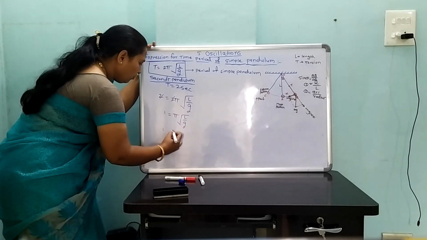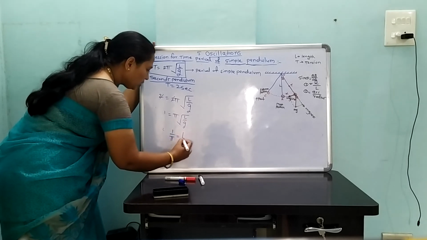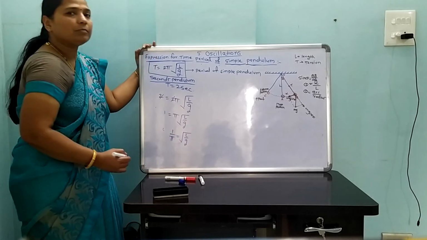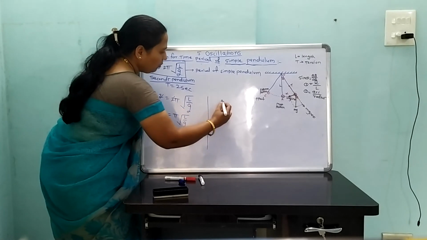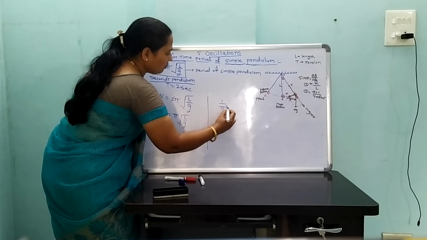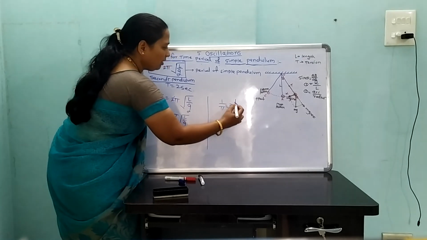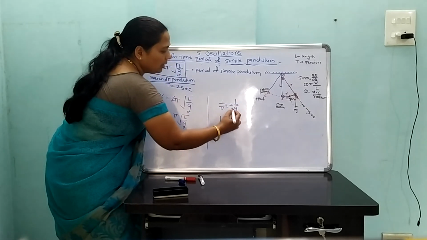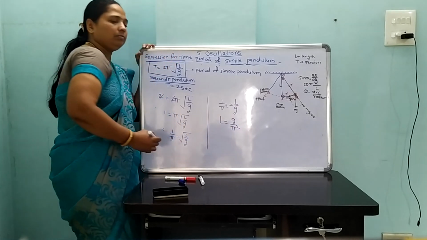Therefore, 1 upon pi is equal to square root of L upon g. Taking the square on both sides, 1 upon pi square is equal to L upon g. Therefore, the length of the seconds pendulum, L, is equal to g upon pi square.